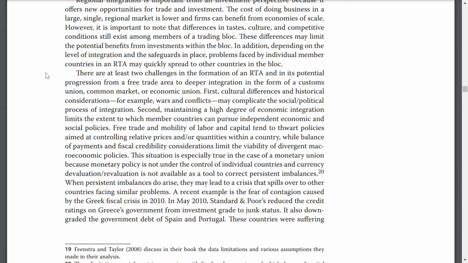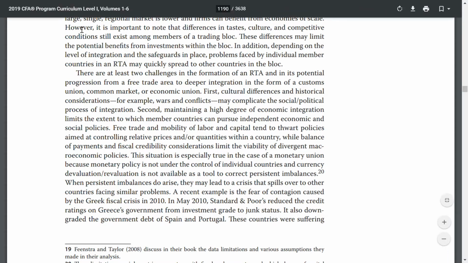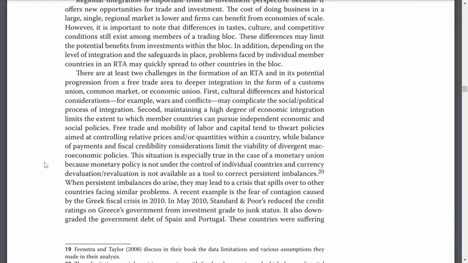Second, maintaining high degrees of economic integration limits the extent to which member countries can pursue independent economic and social policies. Free trade and mobility of labor and capital tend to thwart policies aimed at controlling relative prices and quantities within a country. This situation is especially true in the case of monetary unions, because monetary policy is no longer under the control of individual countries and currencies.